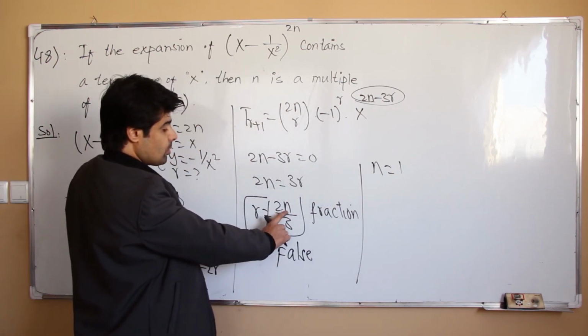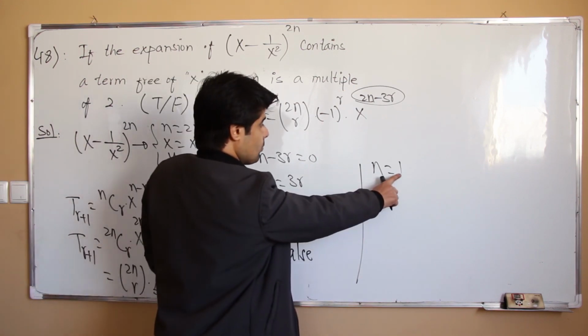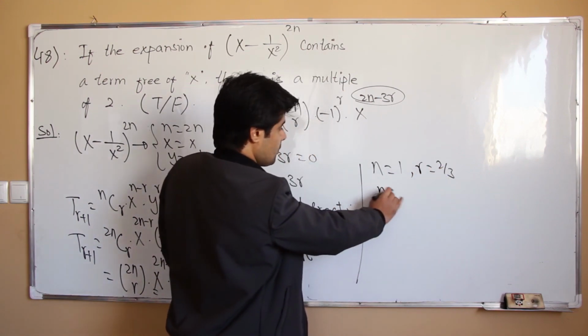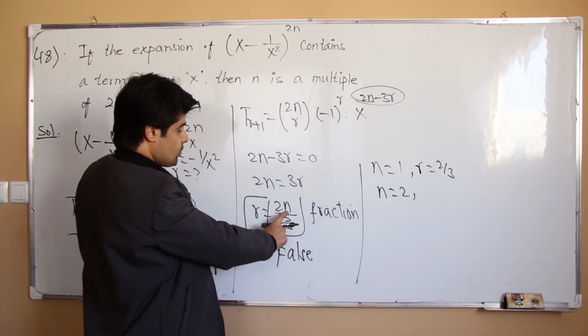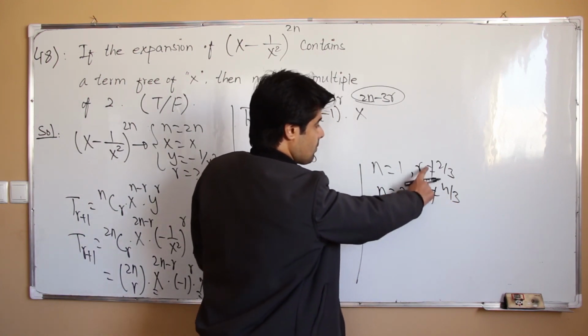If we put n is 2, so 2 times 2, 4 divided by 3. These are fractions, which is not possible.